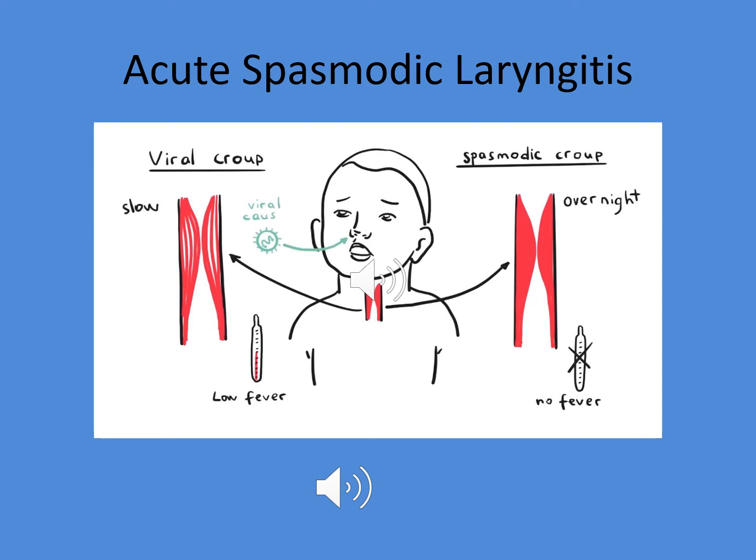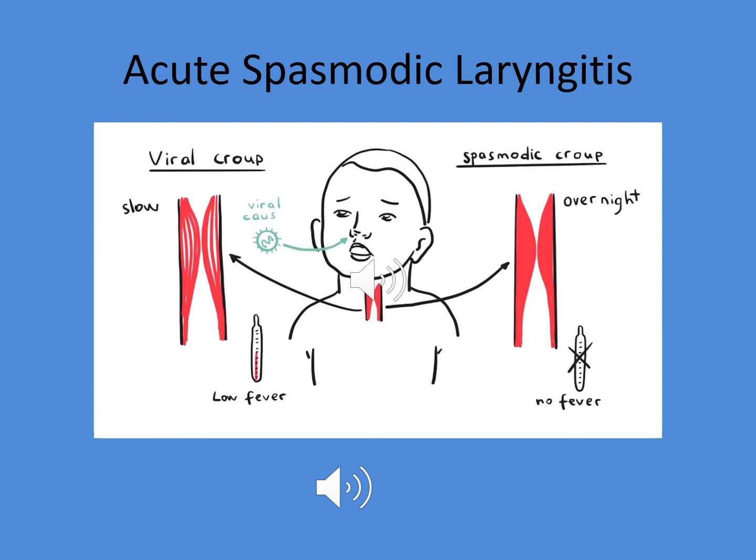When we talk about therapeutic management, because this is pretty self-limiting, it just kind of has to run its course. The best thing, even though it's caused by an allergen, it can still cause respiratory distress for these kids. So again, these kids go to bed fine, and then during the night, they develop these paroxysmal attacks because it's causing laryngeal obstruction, getting them into respiratory distress a little bit.